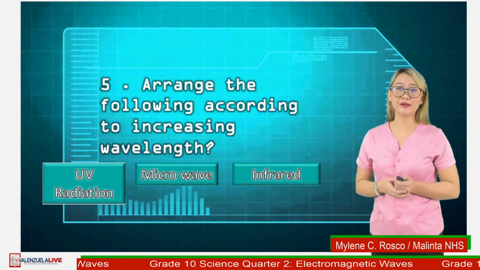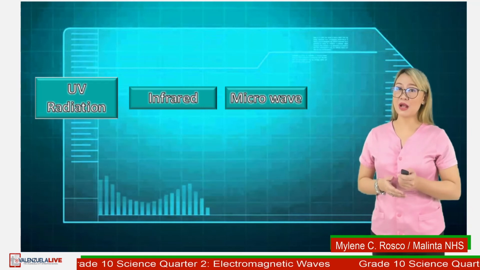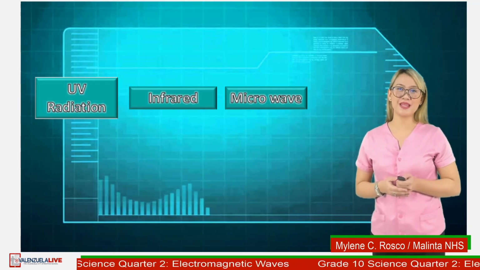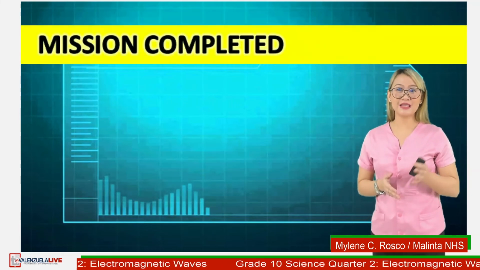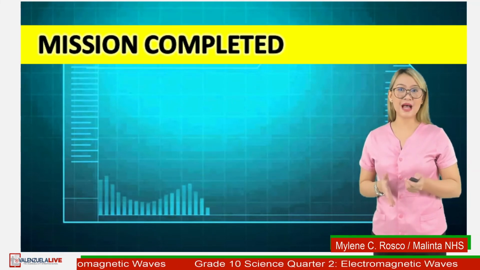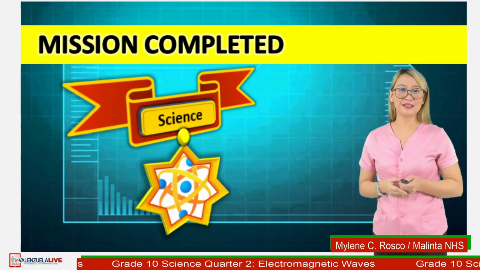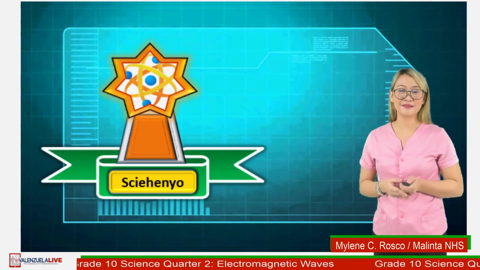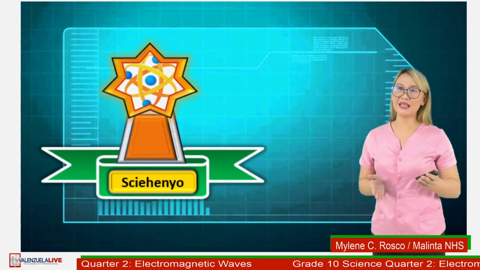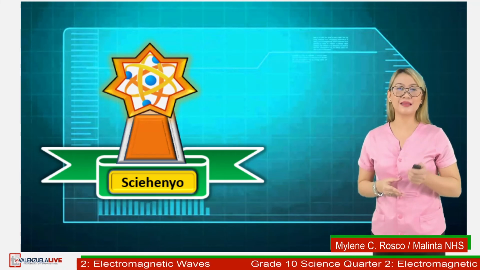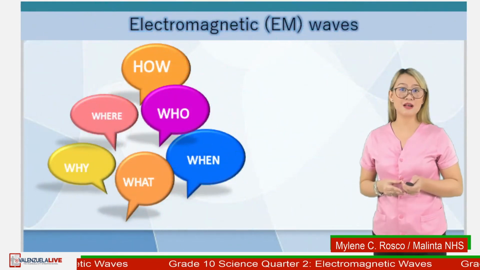The correct order is ultraviolet, infrared, and microwave. All right, great job, students. Because of that, you will be given an AGHA medal for a job well done, and you will be given a Sai Henyo badge for completing all the missions. Now, at this moment, you are free to write your questions in the comment section.